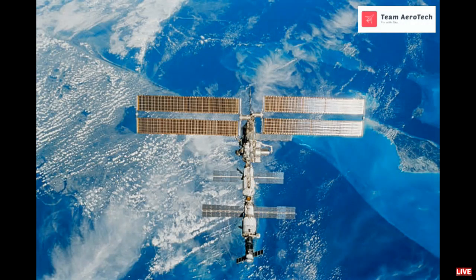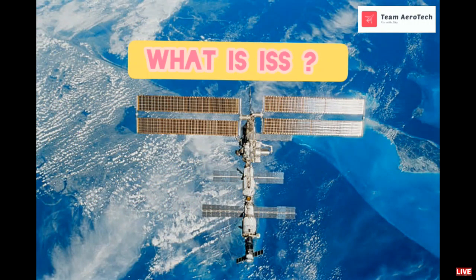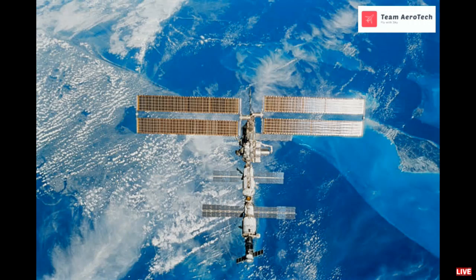What is ISS? The International Space Station. So let me tell you, the International Space Station is a large spacecraft and it orbits around the Earth. You can say it is a home for astronauts also. For example, how we have a home on the Earth, we cannot build it in the sky, in space. So it is a home for astronauts where they actually live.